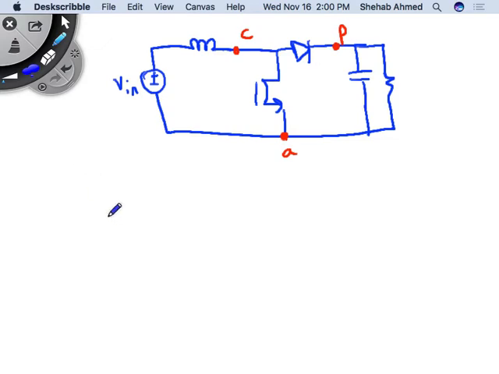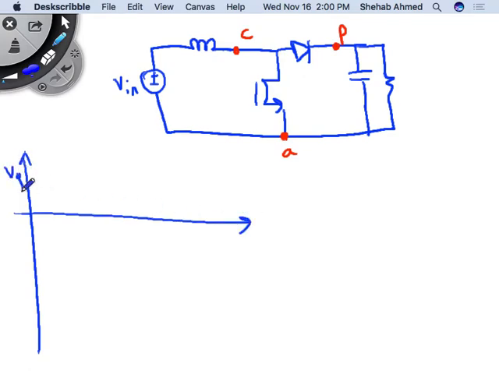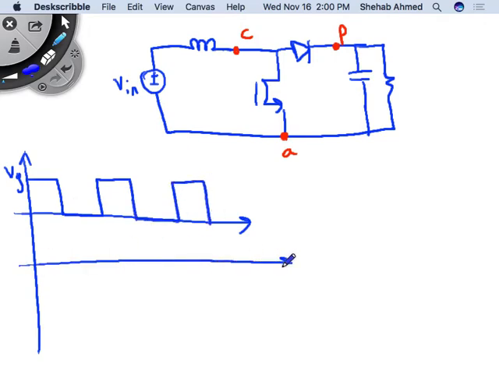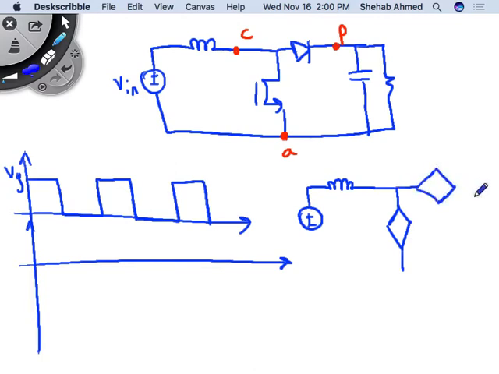So anyway, let's go through the waveforms very quickly again for this. If I put my gate, this is my switch gating waveforms, and then I will draw, again, we know what this is going to look like. I'm going to keep my inductor, and then I will replace my MOSFET with a dependent source, and I will replace my diode with a dependent source.